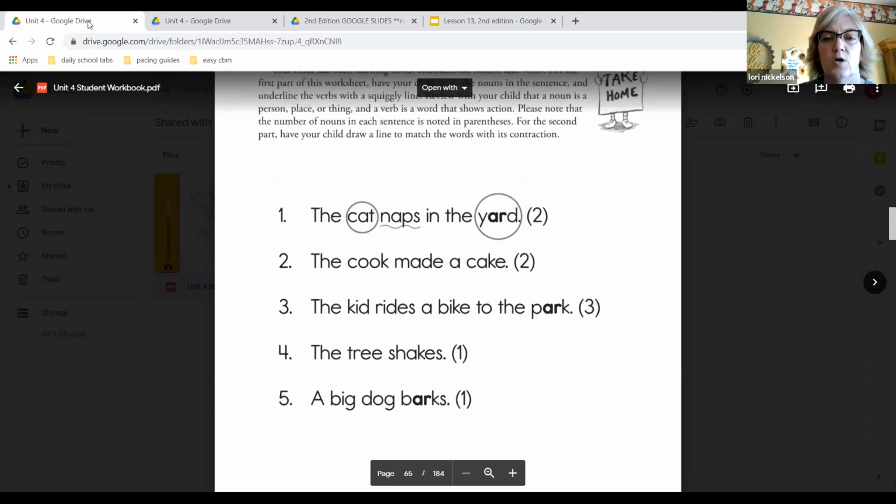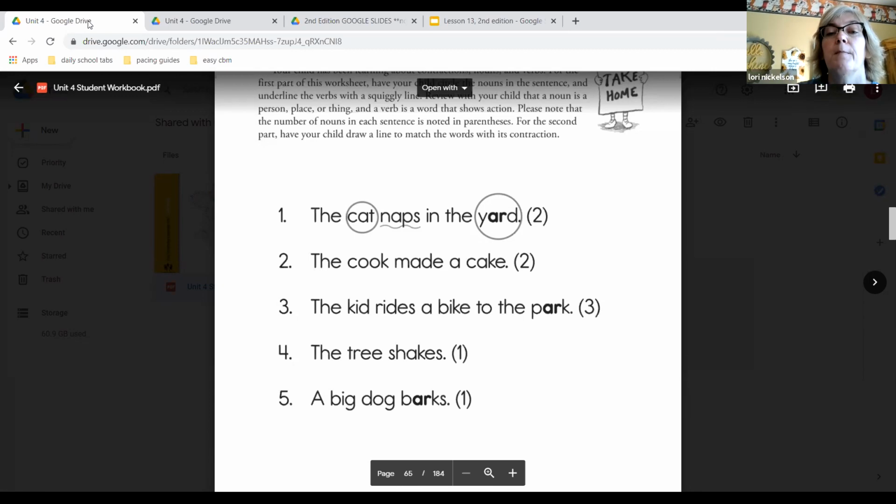Okay, so look at number 1. The cat naps in the yard. Notice there's a 2 there, and they've circled cat and yard because they're the nouns, and they underline naps because that is the verb. Look at number 2. The cook made a cake. So there's a 2 at the end, so there's 2 nouns. That would be cook and cake. So you'd circle those 2.